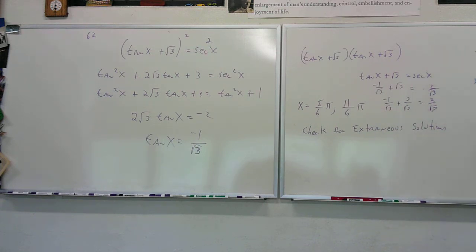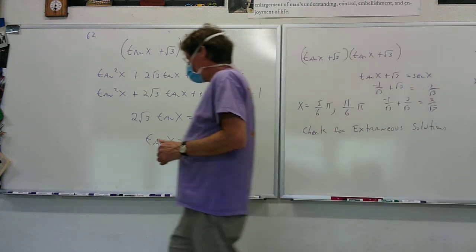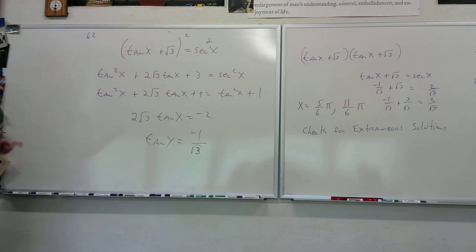And you just have to substitute back in and work it out and see if it really works. Does anybody know why you have to do that when you square both sides? Anyone want to know why? All right, yeah, I got some people who are awake still. All right, here's why you have to check for extraneous solutions when you square both sides. Does negative 5 equal 5?